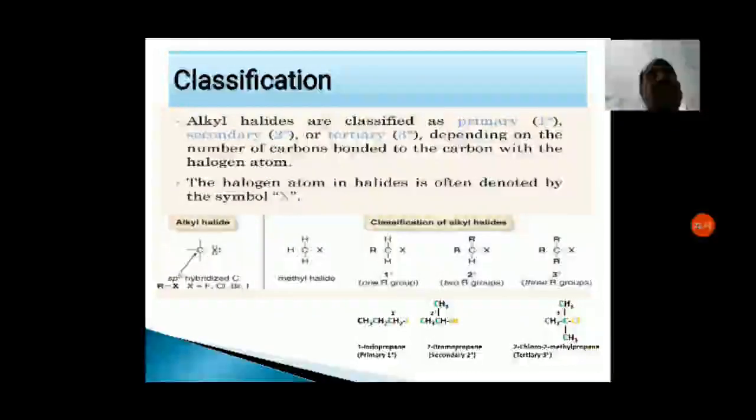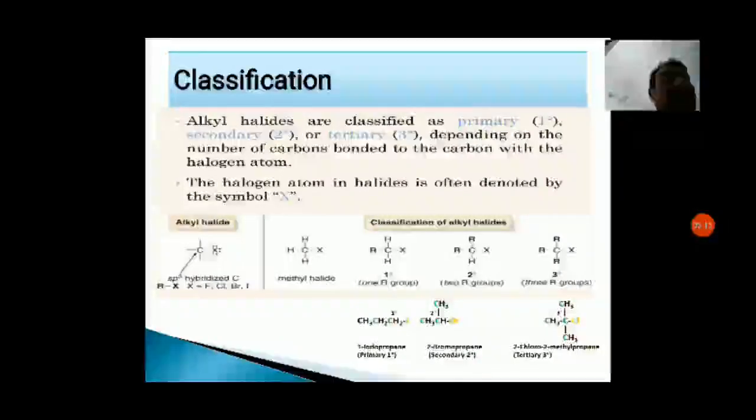Sp3 hybridized state means it will form all single bonds. So methyl halide: in this methyl halide there are 3 hydrogen atoms and 1 halogen atom. Now out of these 3 hydrogen atoms, if one hydrogen atom is replaced by an alkyl group, that is R, then it becomes RCH2X.